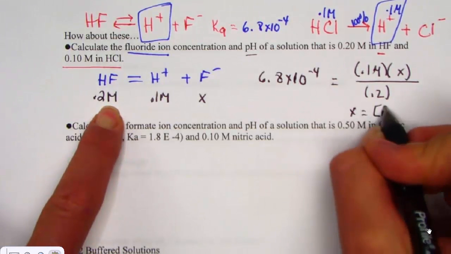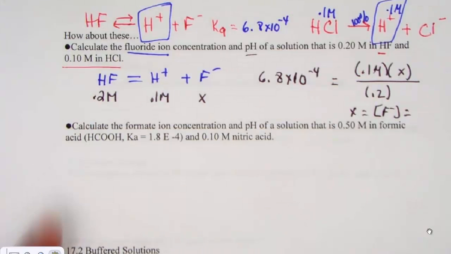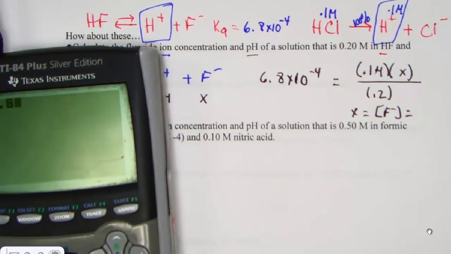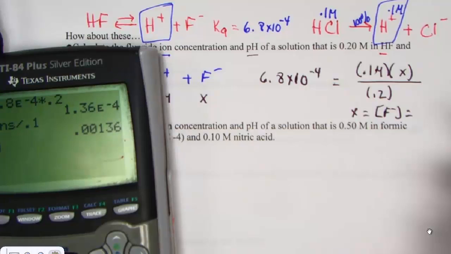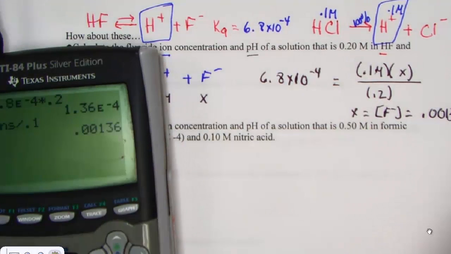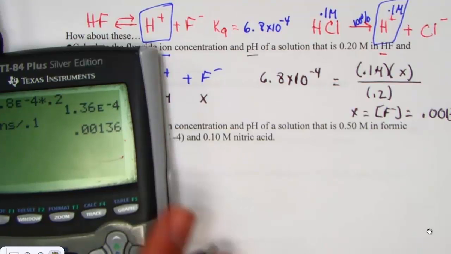Solving for X, knowing X is giving us the fluoride concentration that we have in our equilibrium: 6.8 E negative 4 times 0.2 divided by 0.1. And we get a value of 0.00136 molar, the concentration of fluoride.